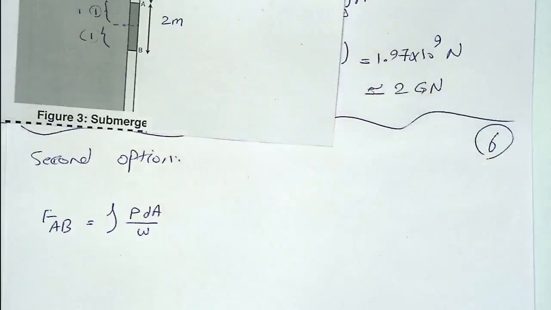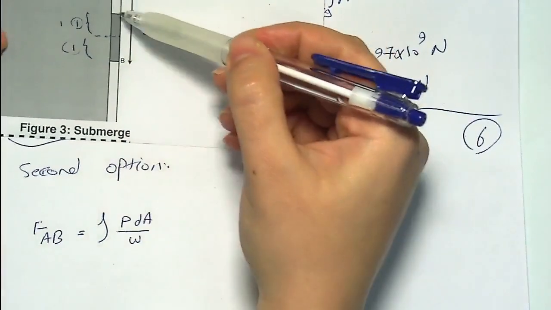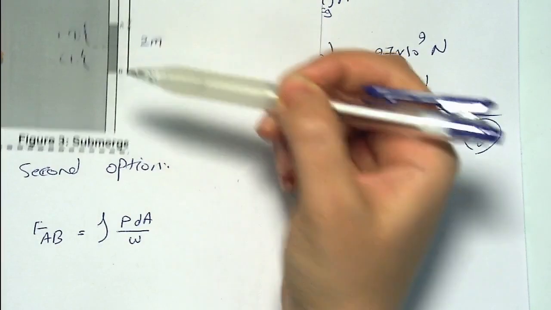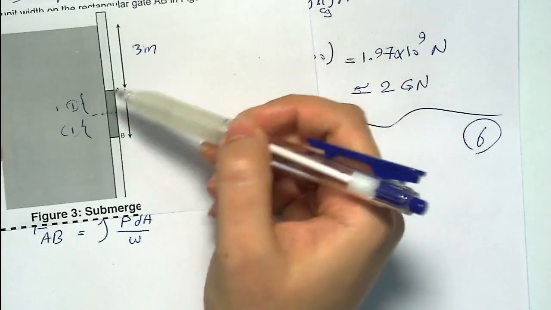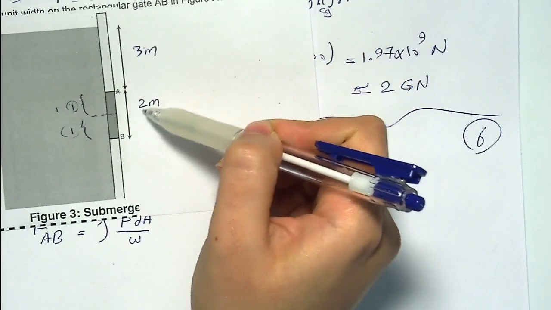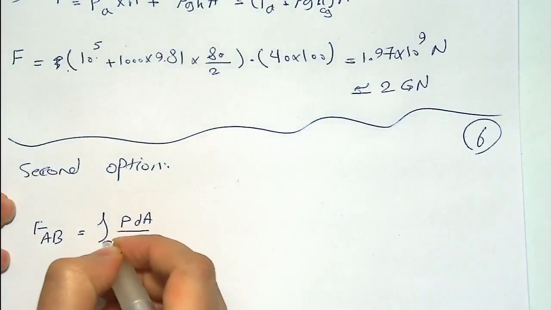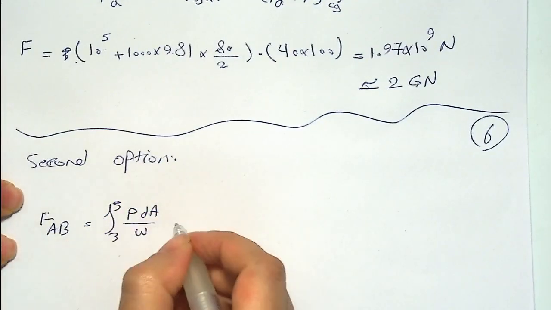And the force is from A to B, so it's from 3 meter to 5 meter. It's from 3 meter here to 5 meter here. So 3 to 5.